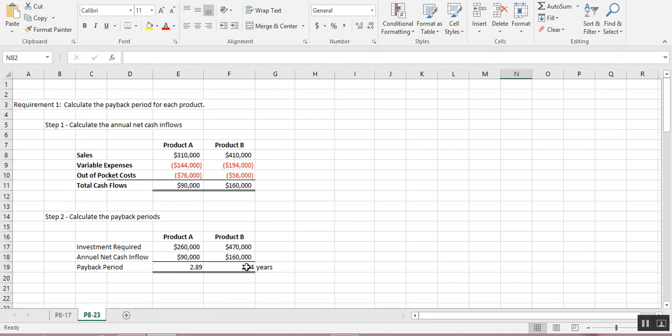And I didn't put the payback period. I guess I probably should have, but let's just look at that one for a minute. So we're looking just at payback period. Then product A is going to be preferable because it takes a shorter period of time for us to make our money back or to recover that initial investment. So for payback period, we'd want product A.